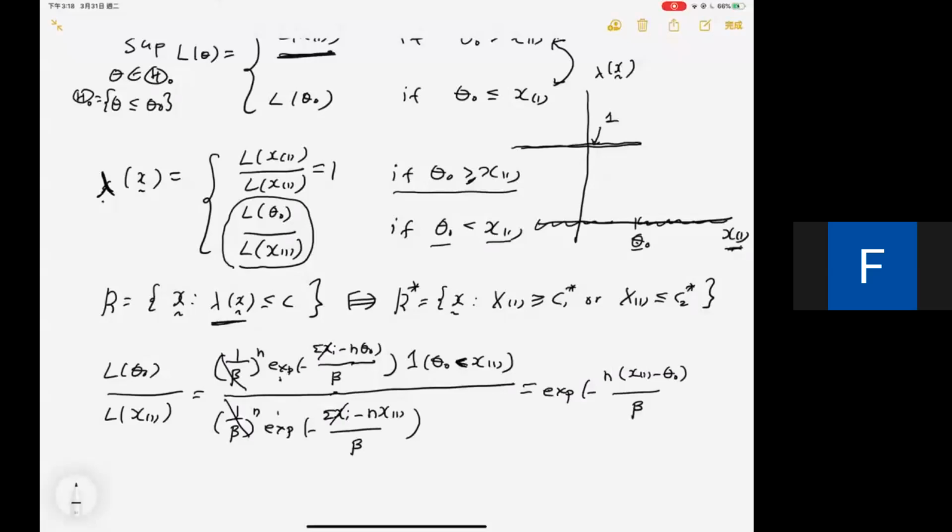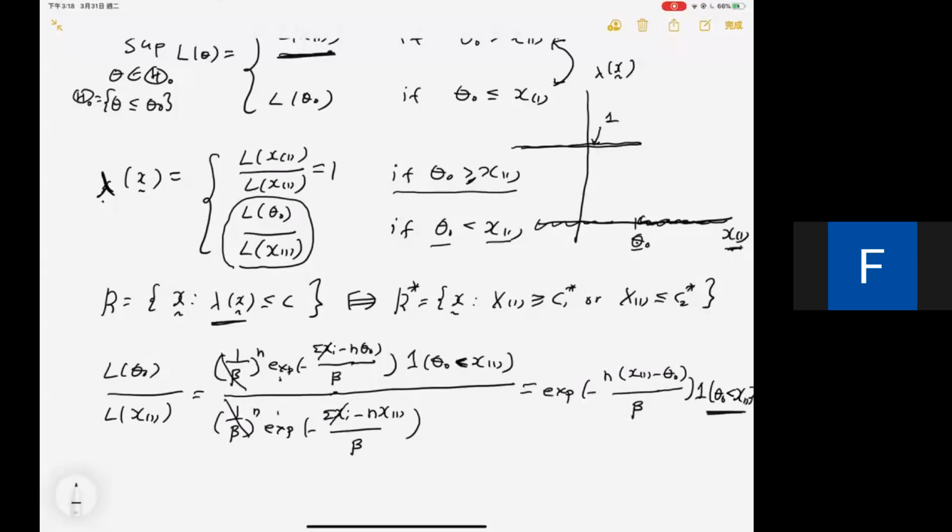Double check it. I think so. And of course you have the indicator theta not smaller than x1 right here. Good. So x1 is bigger than theta naught in this domain.